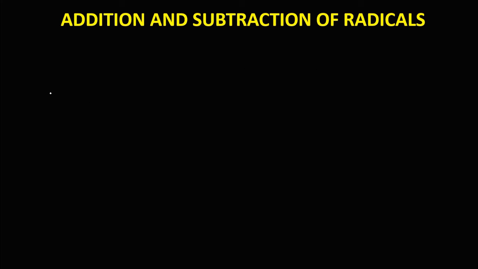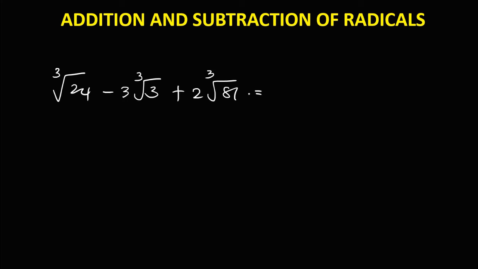Then for this cube root of 24 minus 3 cube root of 3, then plus 2 cube root of 81. First, we need to simplify some of the radicals.